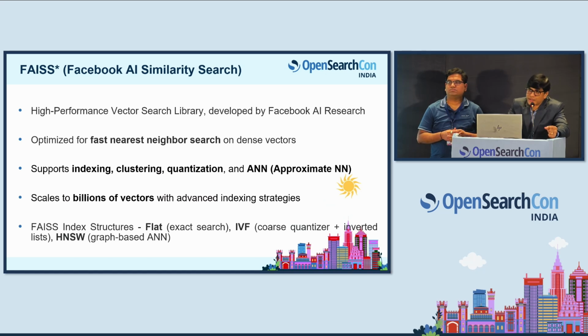Anyone knows about quantization? What does it mean? Any idea? So quantization is a technique through which we can use our resources efficiently. Scalar quantization is one such concept. We have different concepts like product quantization and binary quantization. There are different concepts to reduce the memory requirement to store the vectors. Floats are 4 bytes, a single precision float.